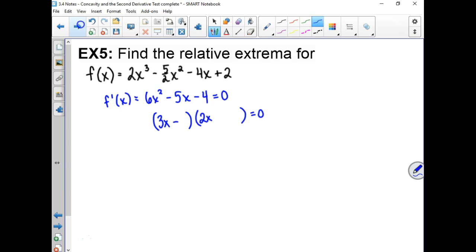It's going to be a -4 and a +1. That'll work on it. You'll get -8x and a +3x. Yeah, -5x. So our critical values here are going to be x equals 4/3 and x equals -1/2.